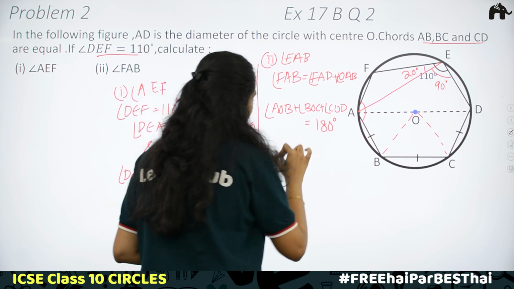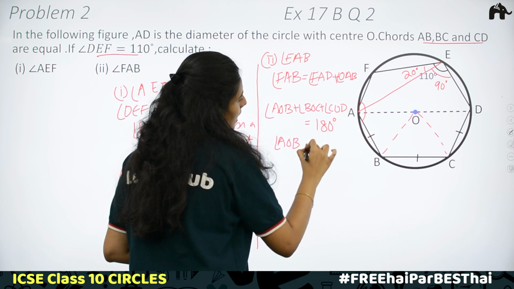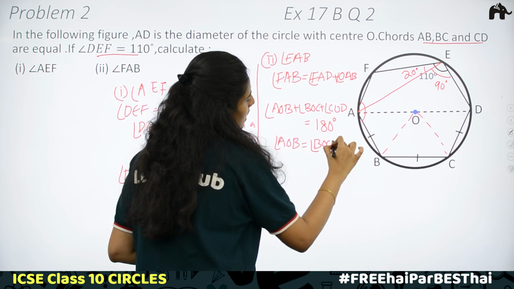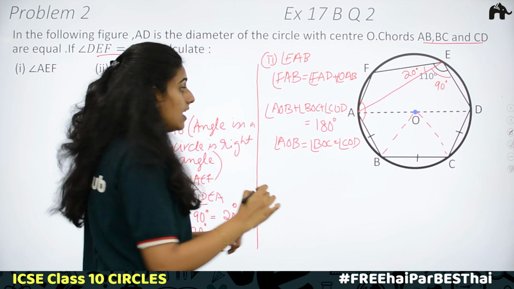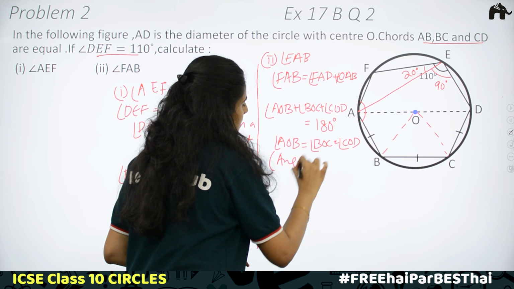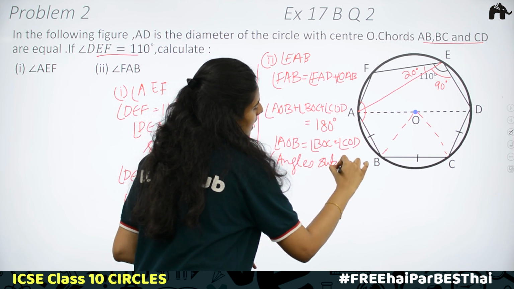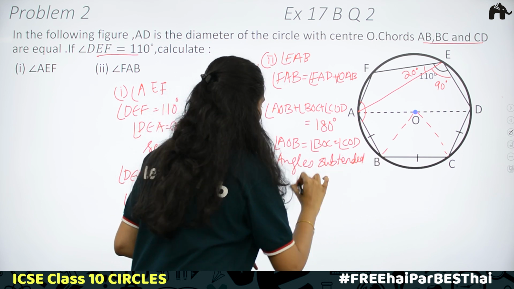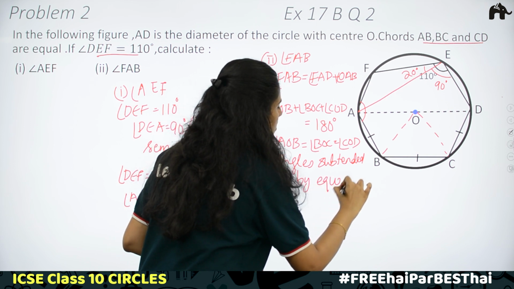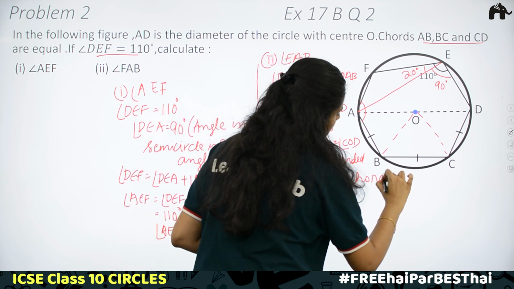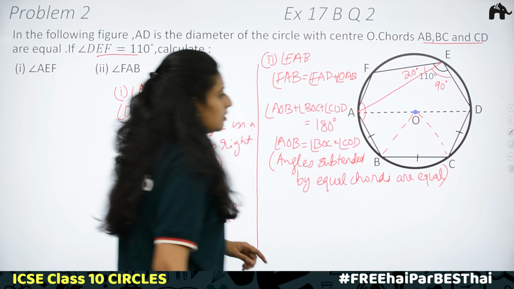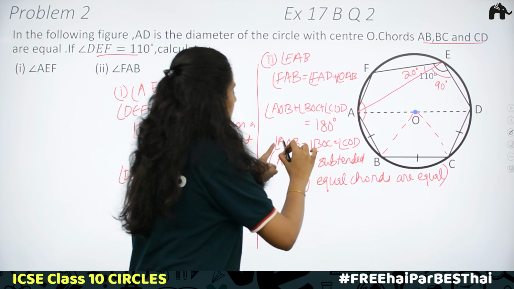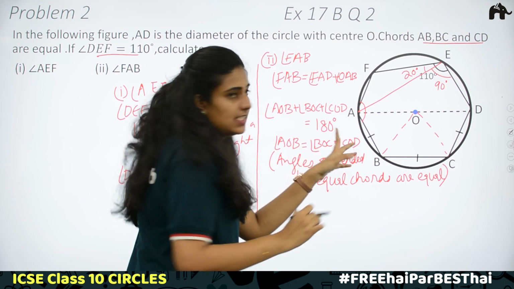Now, we have angle AOB equal to angle BOC equal to angle COD. What is the reason? Angles subtended by equal chords are equal. Okay. Therefore, AOB, BOC and COD are equal.